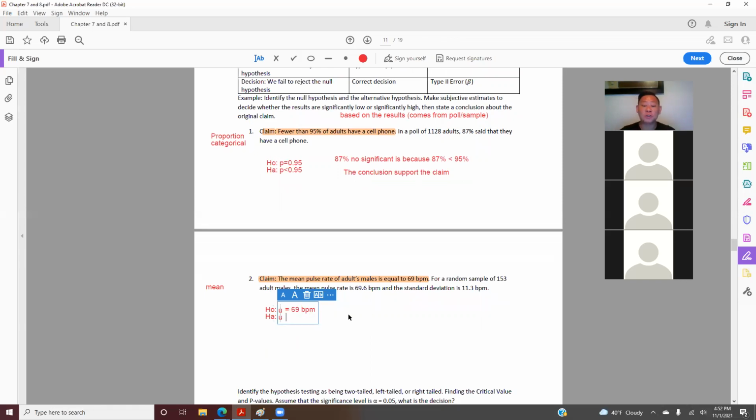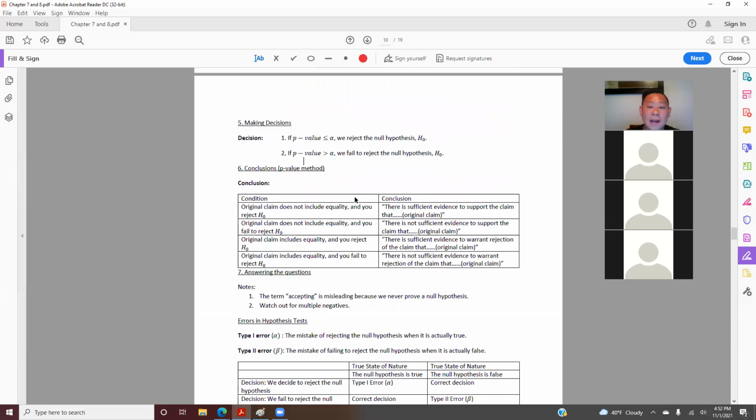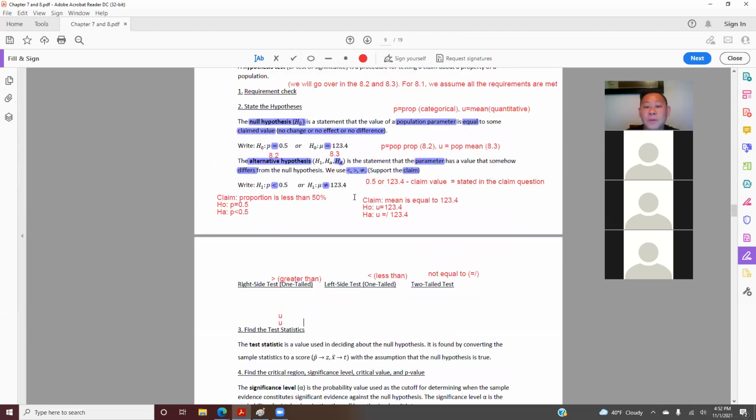If a question is using equal, are we using less than? Are we using greater than? Or are we using not equal to? As I mentioned here, if you have equal to, what is the HA that we use? We always use what?